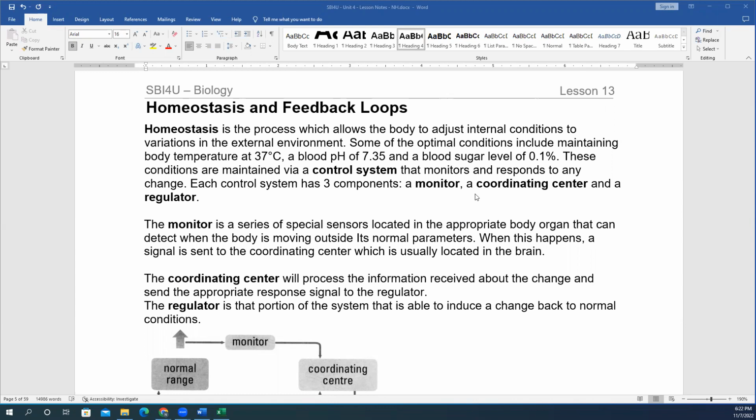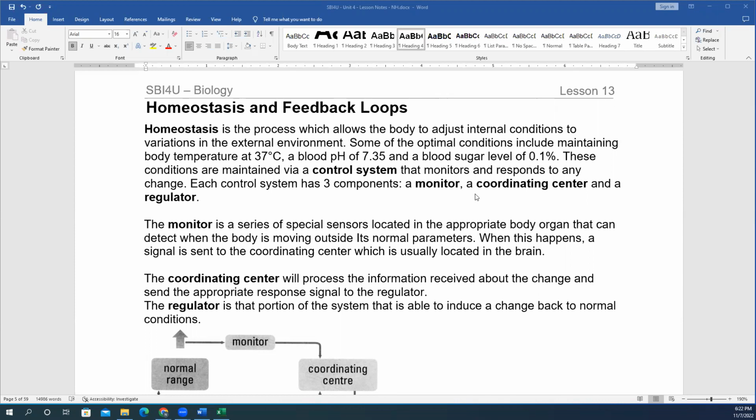To talk a little bit more about these three components, the monitor is a special series of sensors located in the relevant body organs that can detect when the body is shifting outside of its normal parameters.